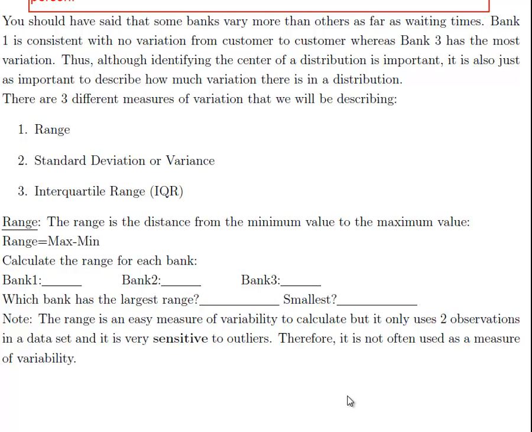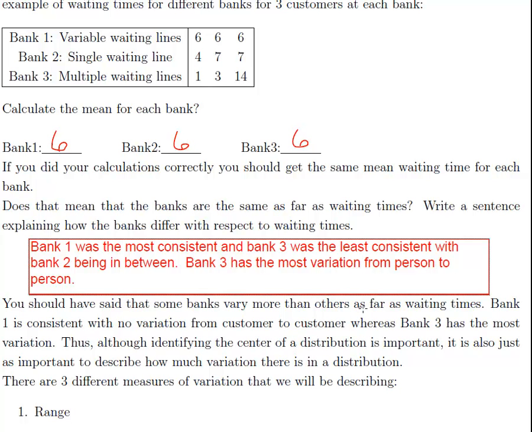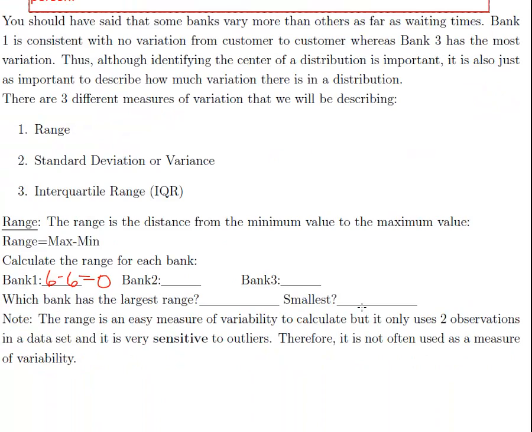And so for bank 1, all the observations were 6, and so the range is just going to be 6 minus 6, and that's equal to 0. For bank 2, the maximum was 7 and the minimum was 4, so the range is going to be 7 minus 4, so the range is going to be 3. And for bank 3, the maximum was 14 and the minimum was 1.